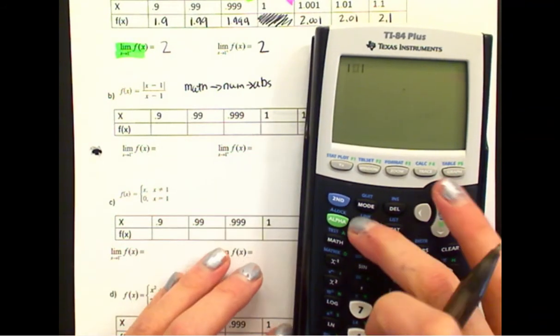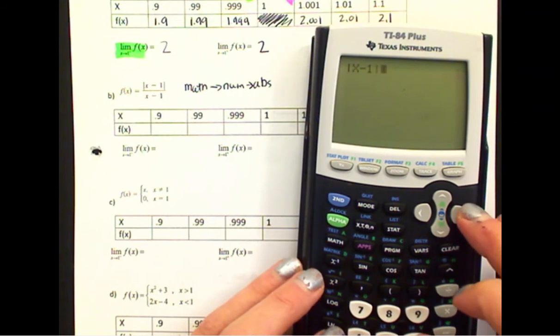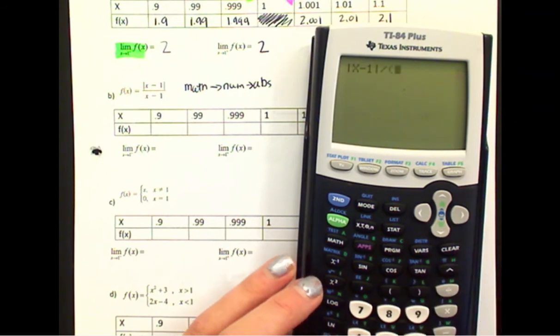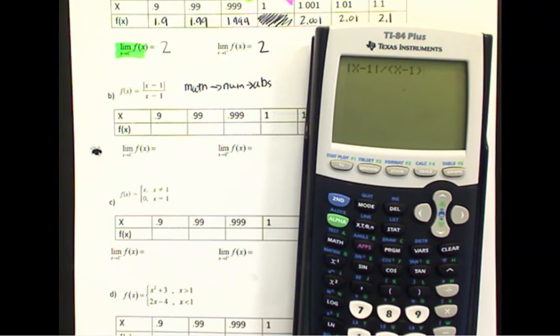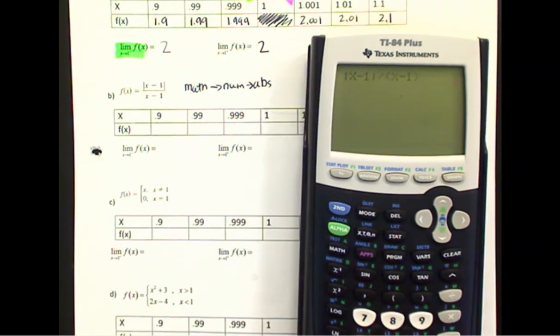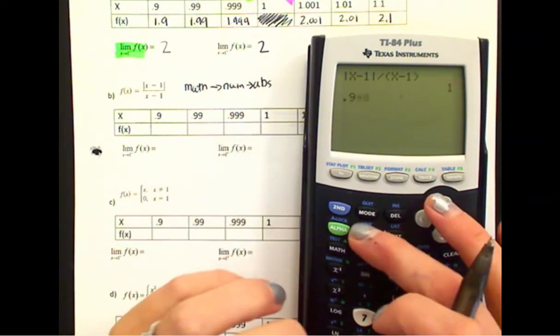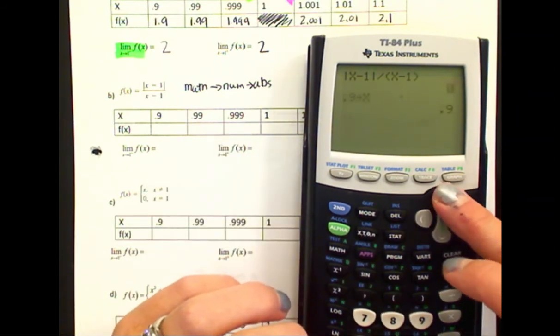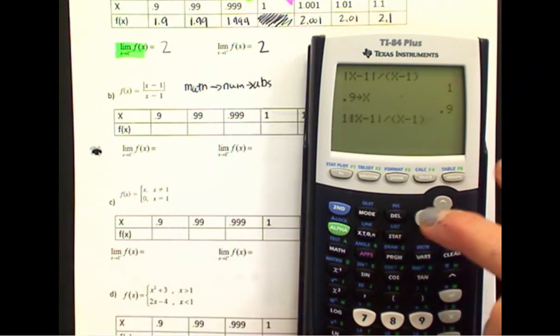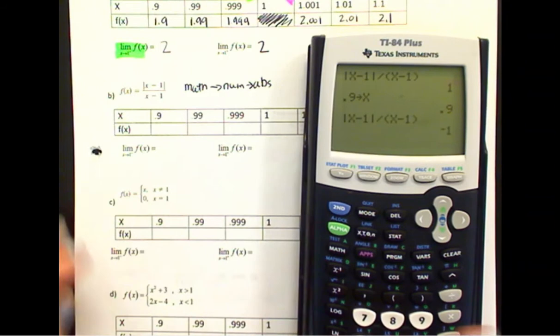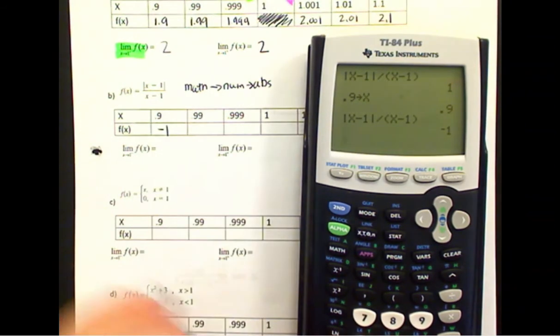Okay, x minus 1, divide x minus 1. Unless you remember how to rewrite that as a piecewise. Okay, so 0.9 store for x. Let's try this again. Oh, I just get -1. Okay.